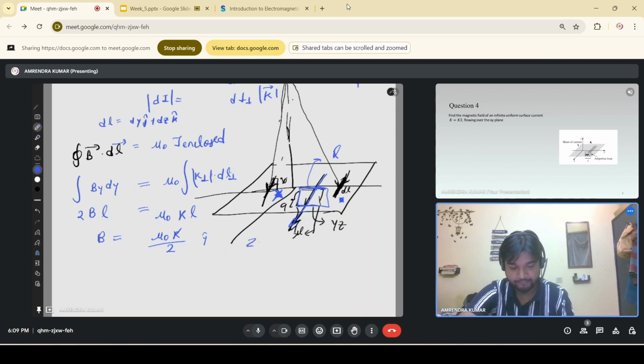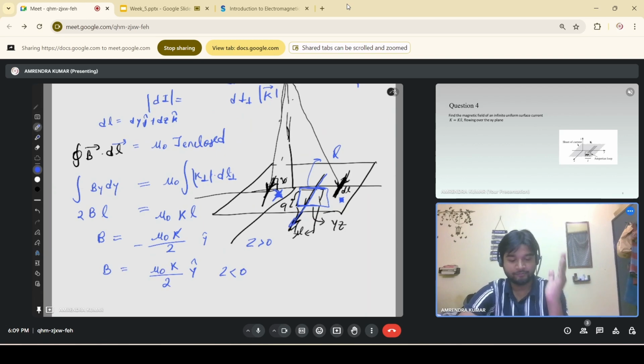For z greater than 0, it's going in, so we have to take the minus y direction. For z less than 0, it is in the y direction, and it's coming out, so it will be like this.